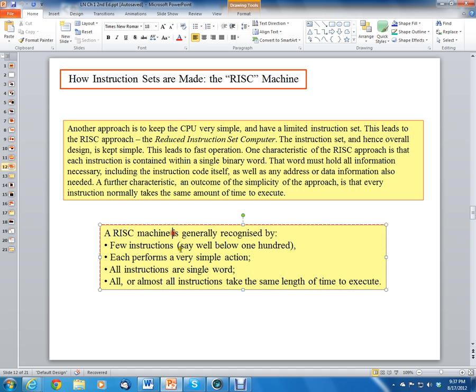So the RISC architecture, which is what we'll be using in this class, is just simpler and cheaper, and that's the point. We want chips that cost 50 cents or $1 or $2. We don't want chips like the Pentium that cost 50 bucks, because then you pretty much can't use it.